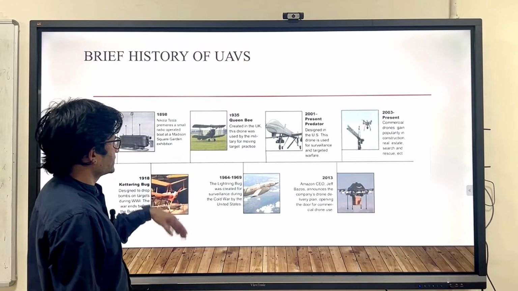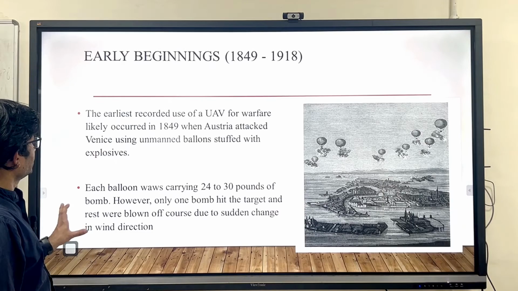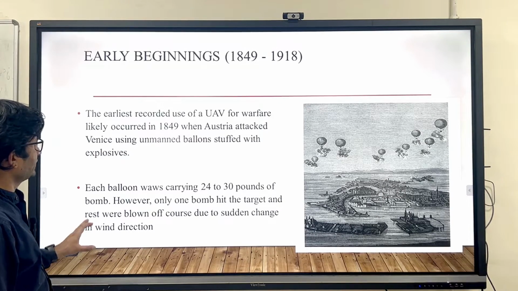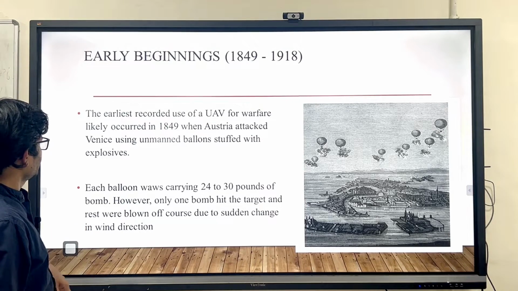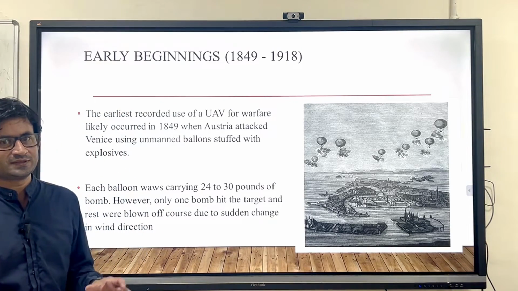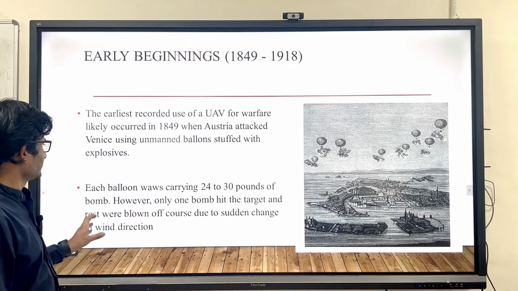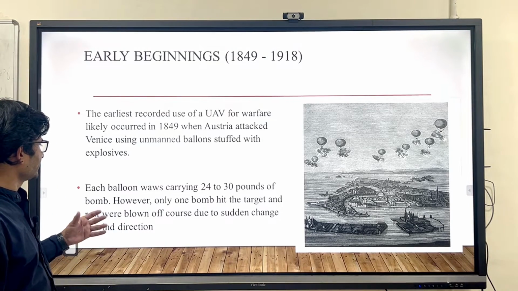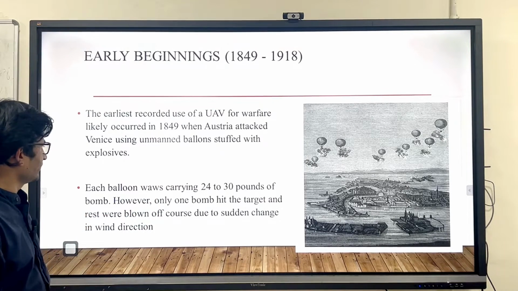So the history you can see in this picture also. In the beginning of this era, in 1849, Austria attacked using unmanned balloons, but since they were very lightweight and very sensitive to the wind, some balloons successfully hit the target and the rest of them were blown off course due to the sudden change in wind direction.